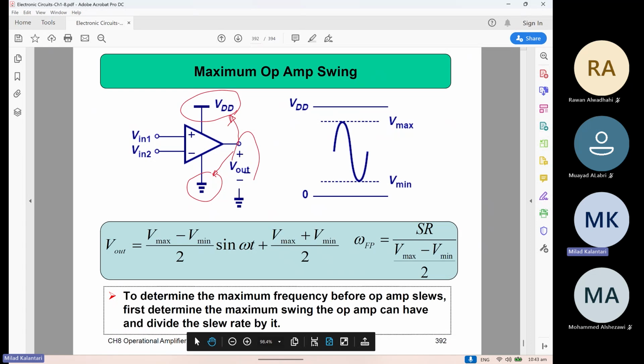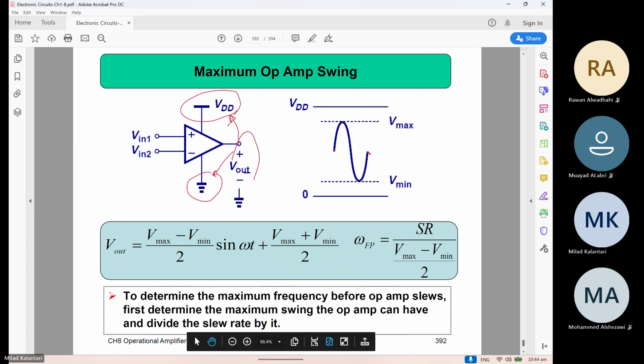But in practice, as you saw for the BJT, there is always some limit. It cannot really reach the very final or the very minimum. There is some limit where the devices become saturated or go out of the active region. So the final value of this maximum swing depends on the structure, where the devices will be limited.